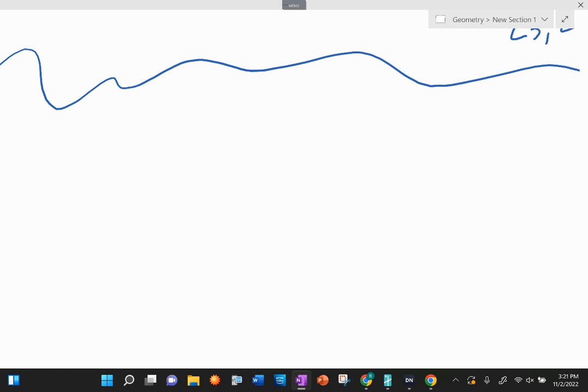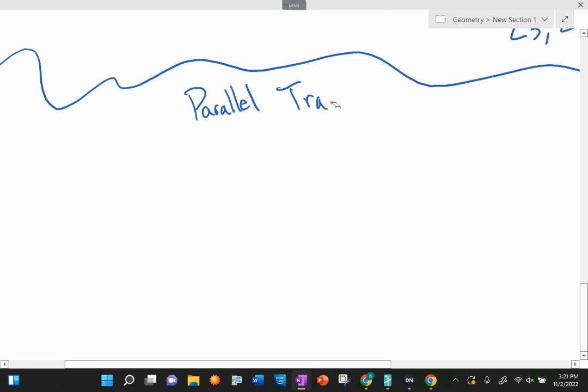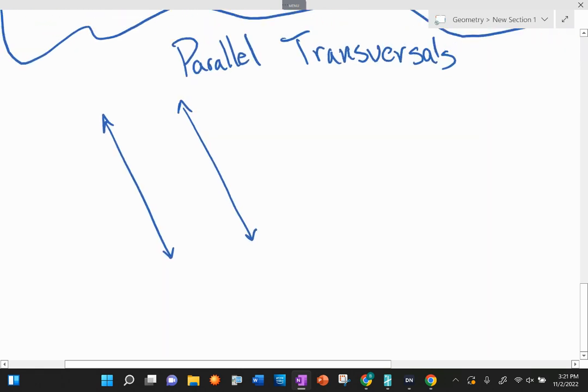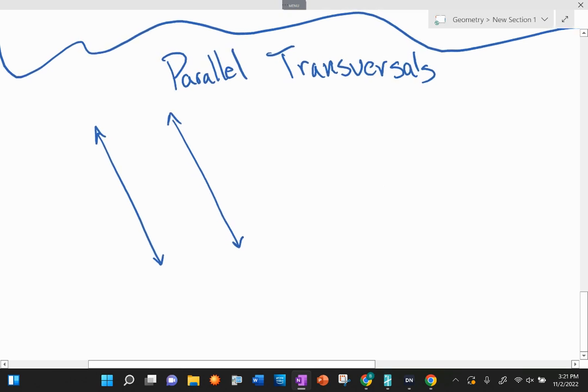Okay. So where we will use those transversal relationships specifically will be right here. So now we're talking about parallel transversals. Okay, so we have two lines that we will say are parallel to each other. Okay, how they note parallel lines, and some of y'all have seen this on previous things.